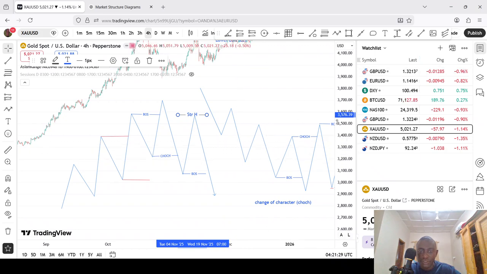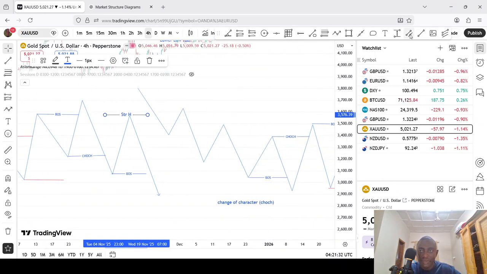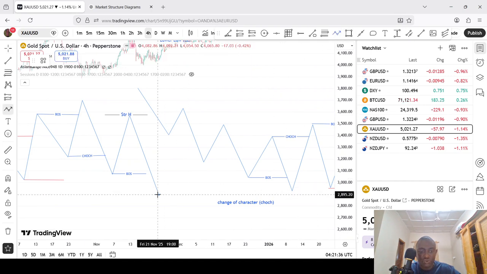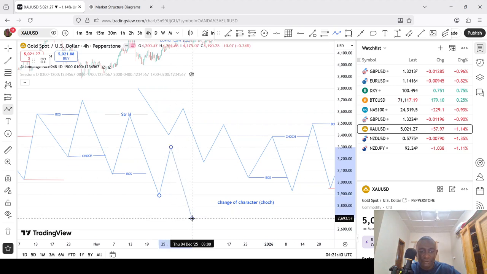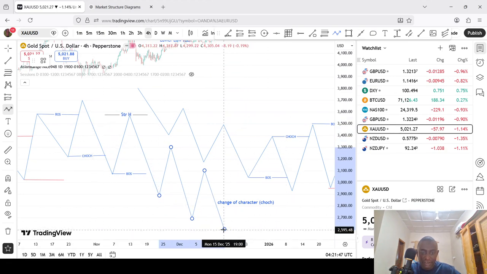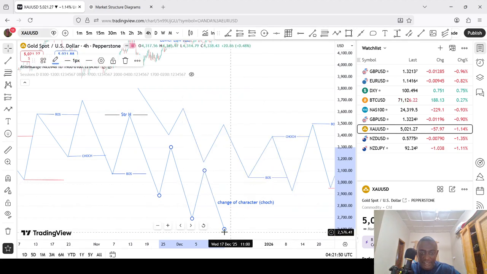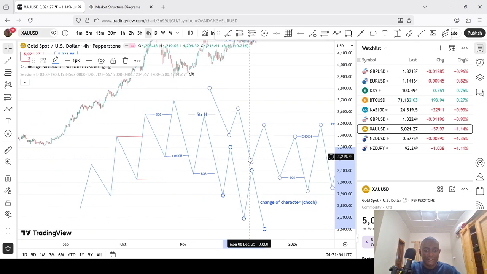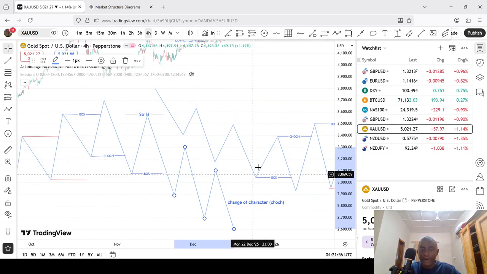So if we continue with this diagram, price is expected to retrace, then come down, retrace, come down, just following the trend until it breaks another side and changes character again.